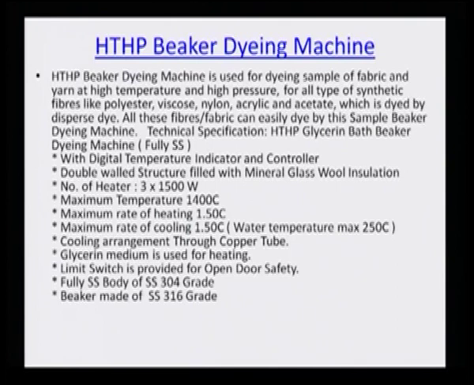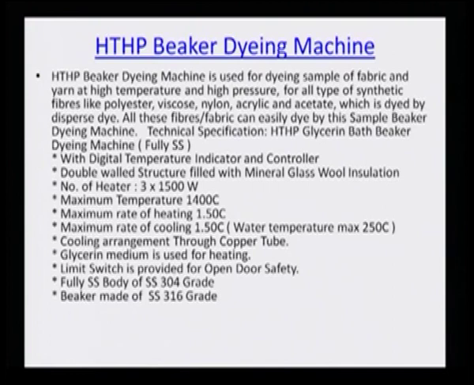It is for all types of synthetic fibers like polyester, viscose, nylon, acrylic and acetate, which are dyed by disperse dyes. All these fibers or fabrics can easily be dyed by this sample beaker dyeing machine.